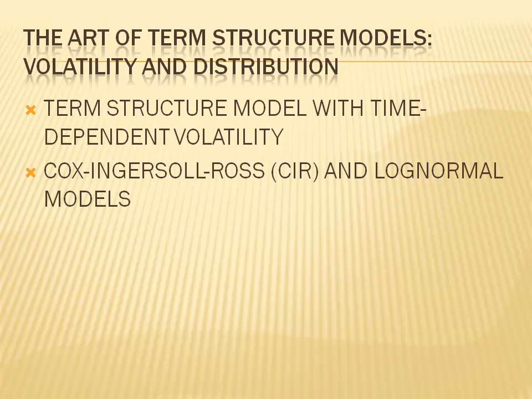Now let's look at the application of the log normal model with deterministic drift and the log normal model with mean reversion. For this we have to look at two log normal models, one with deterministic drift and another with mean reversion. The log normal with drift would be d log of r is equal to a dt plus sigma dW.